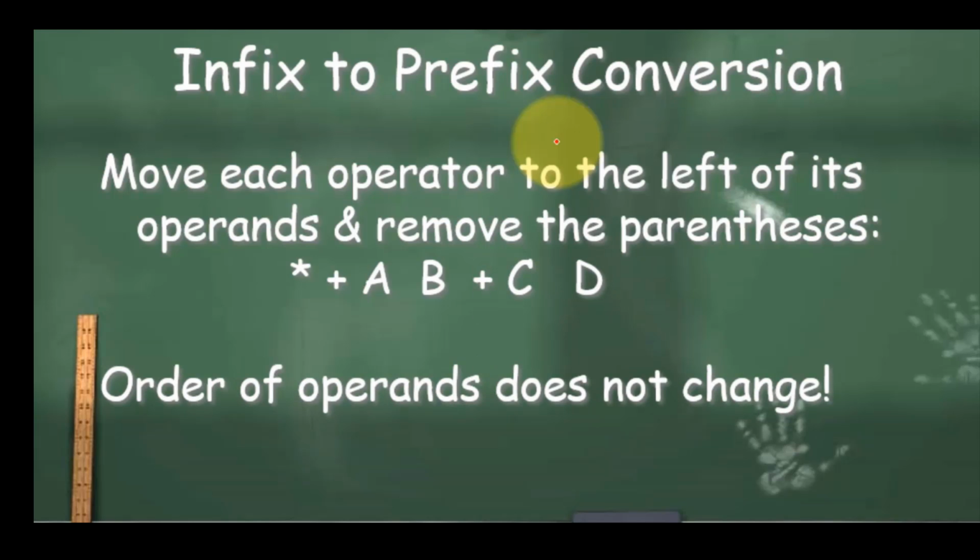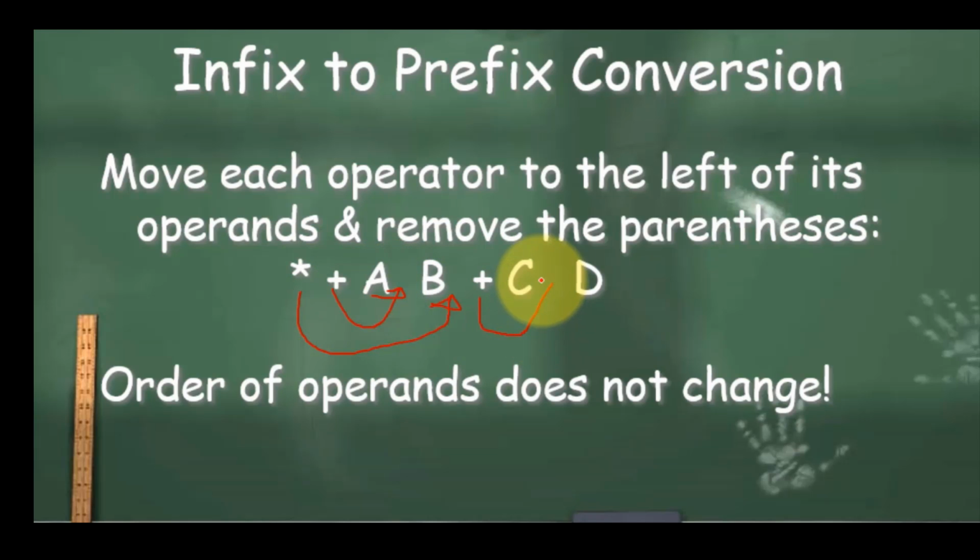So the order of operands here does not change. But if you're going to calculate it, it's still the same. Now, if you want to move it back, you just simply put here, and this one, and then this one. Okay, that's the process going back from prefix to infix if you want to return it back.